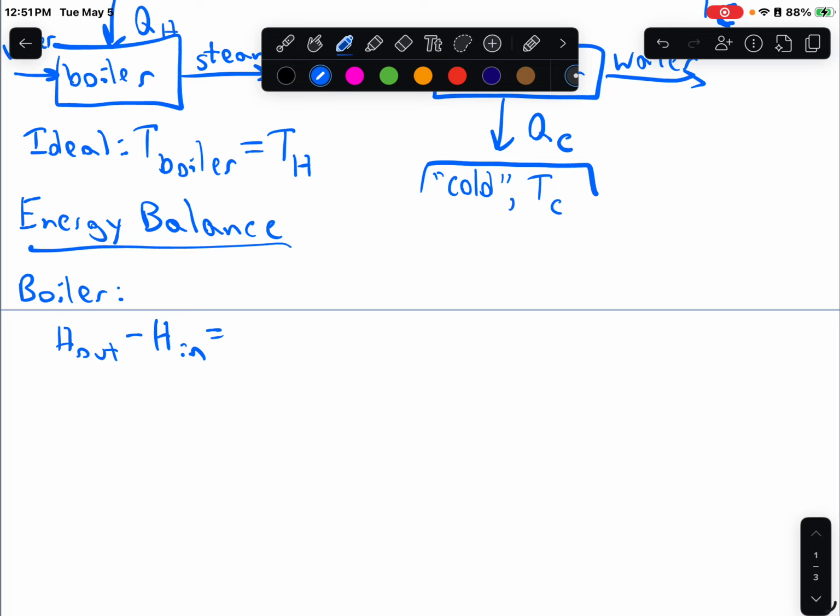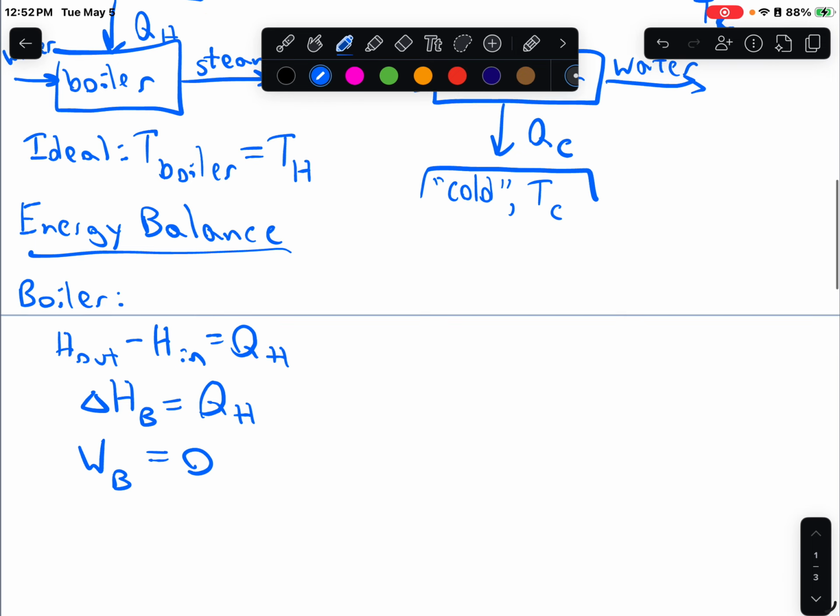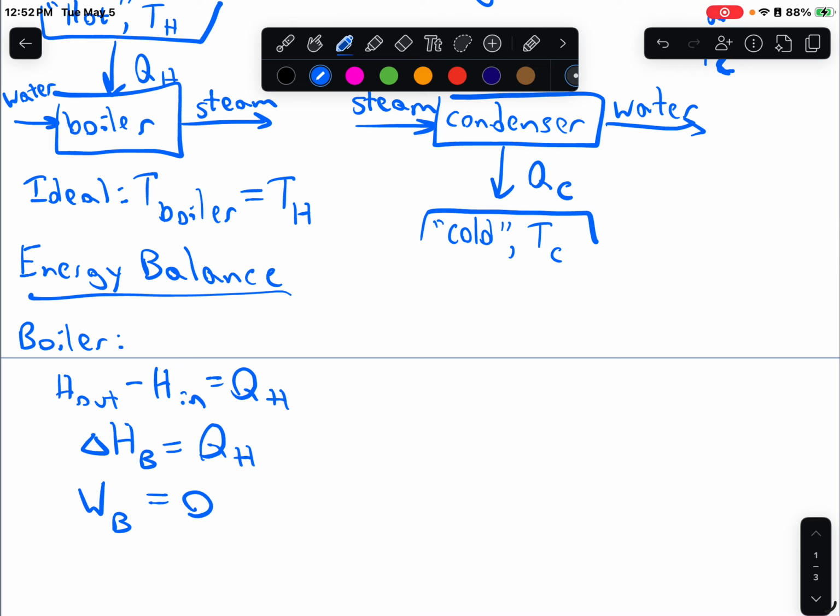Is going to equal QH. So that means that delta H across the boiler is going to equal QH, and the system is not designed to put in work or extract work beyond the work necessary to flow the fluid through the unit.